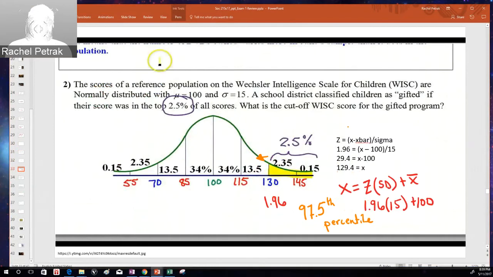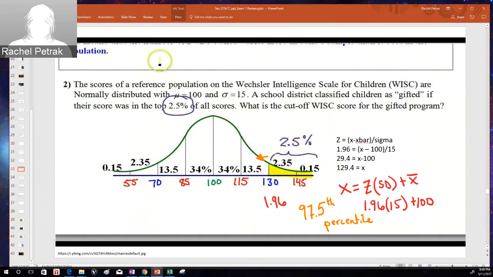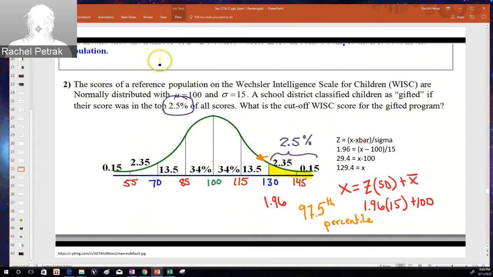You're confused about how I got the percentile? Is that correct? Sigma came from the problem right here. And we discussed in last night's lecture that we have these couple of symbols.